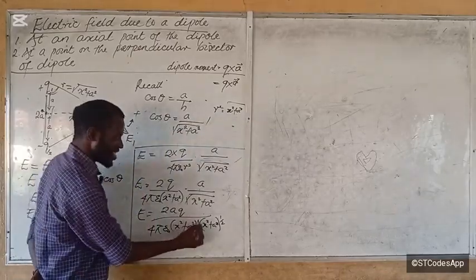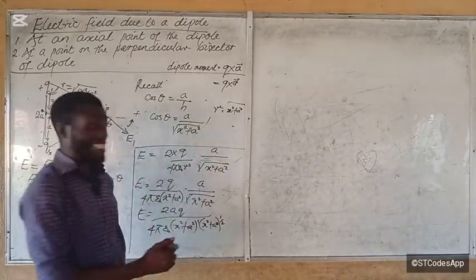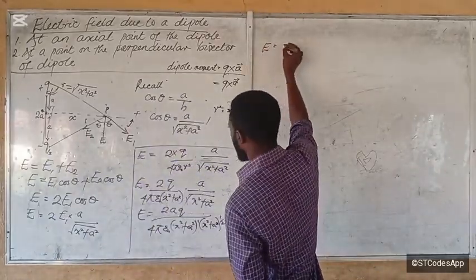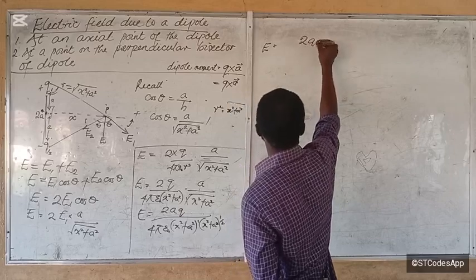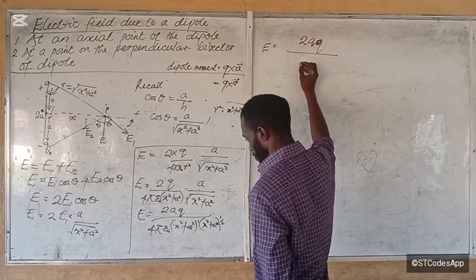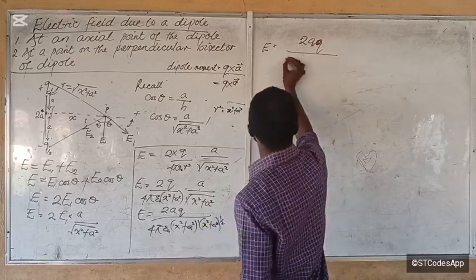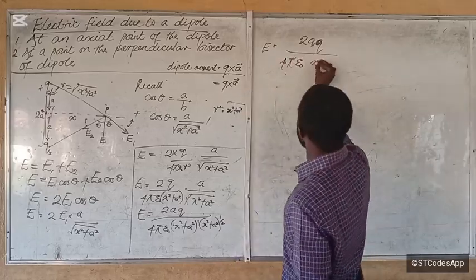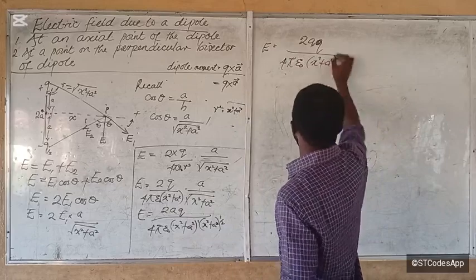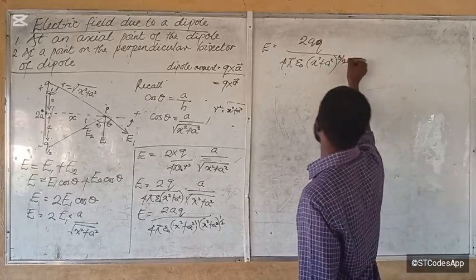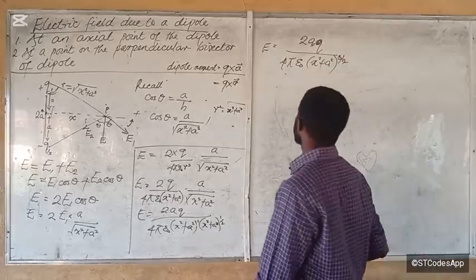Does that make sense? So we now use indices, so that E is 2AQ all over 4 pi epsilon naught, x squared plus A squared all raised to power 1 plus half. That will be 3 over 2.